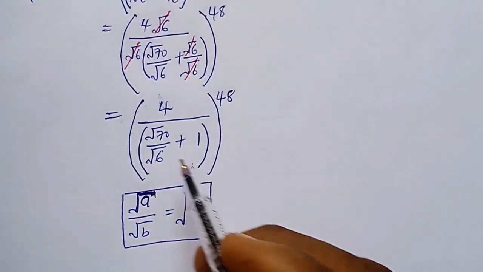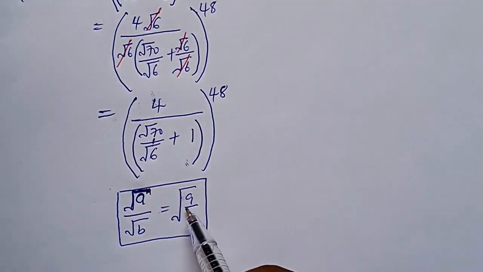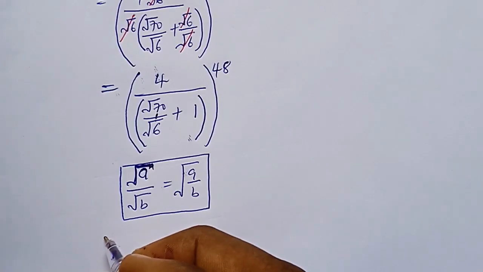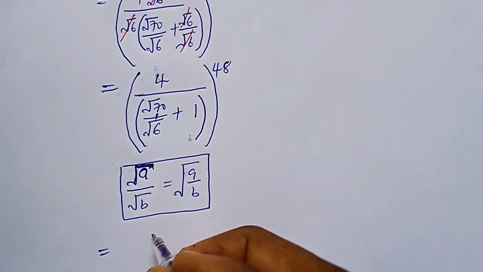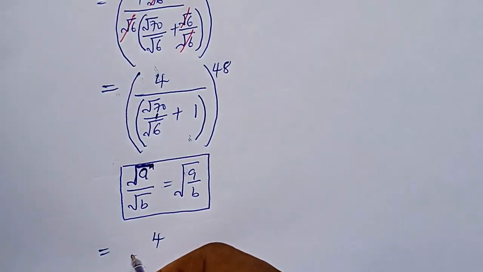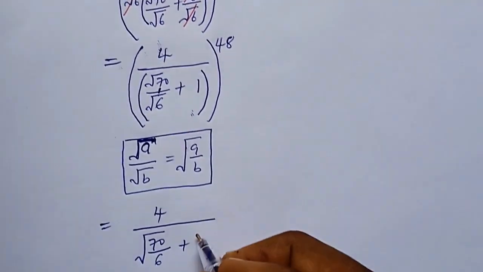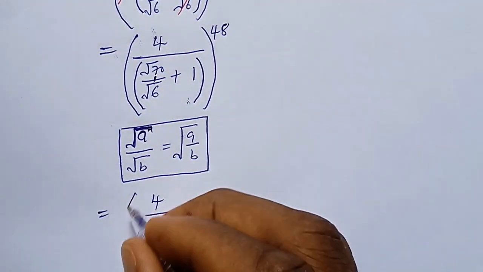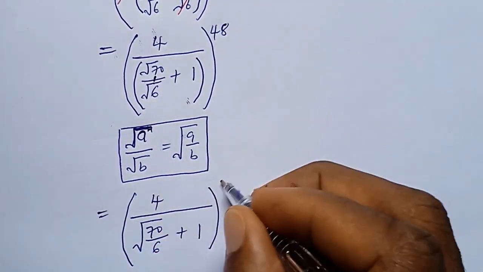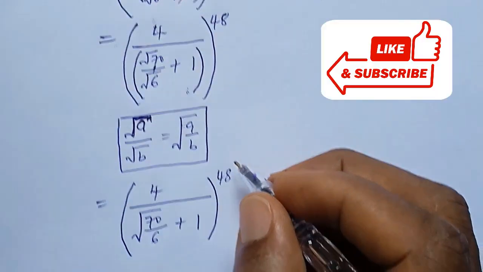So we are going to make use of this form. So our next expression becomes 4 over square root of 70 over 6, then plus 1, in bracket raised to power 48.